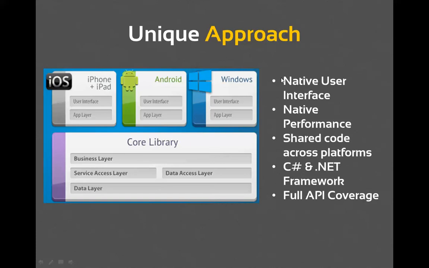You write once, you share across all platforms. So as you can see, with iPhone and Android and Windows, all you're implementing is just the native platform. You're implementing the user interface, and you're also implementing the app layer. So basically just being able to share that code is pretty unique and awesome.